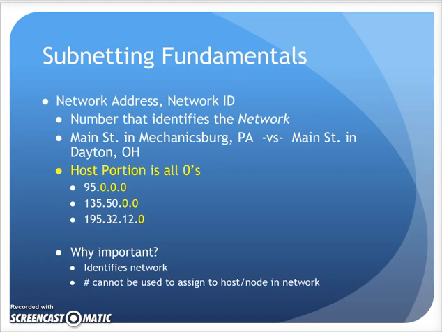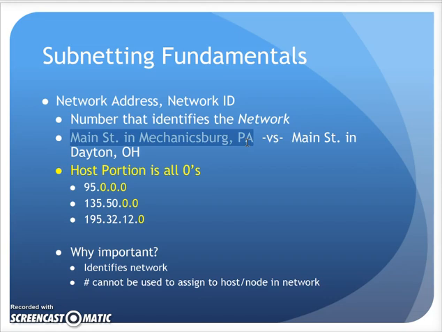This is the number that identifies the network. If I had to relate this to a city or a town, if I use the example of Main Street in Mechanicsburg as opposed to Main Street in Dayton, Ohio, you notice I don't have any house numbers on it. I don't need that to identify the street. There is only one Main Street in Mechanicsburg, PA on the entire globe.